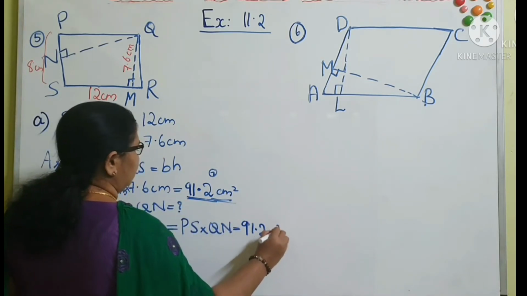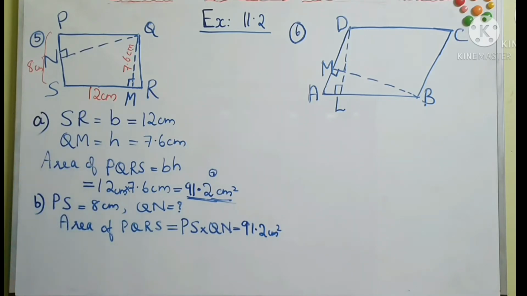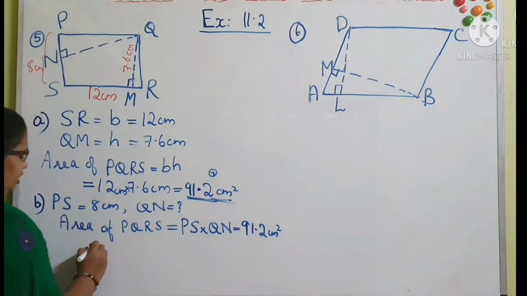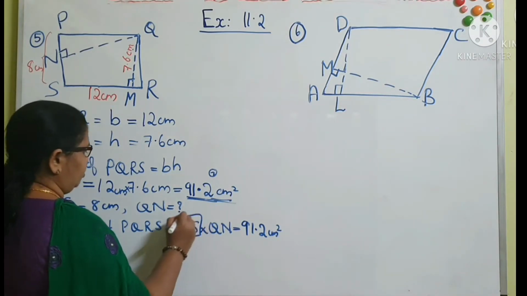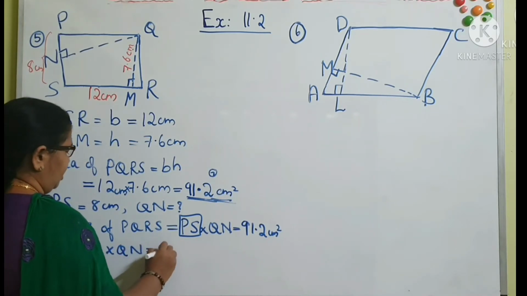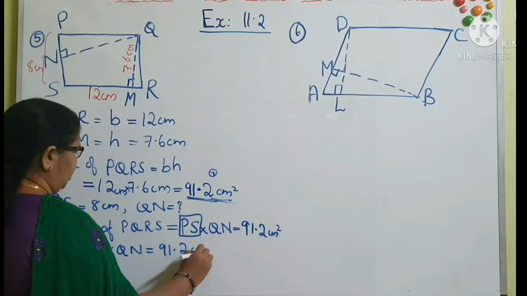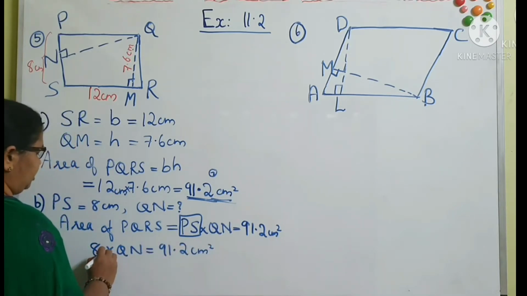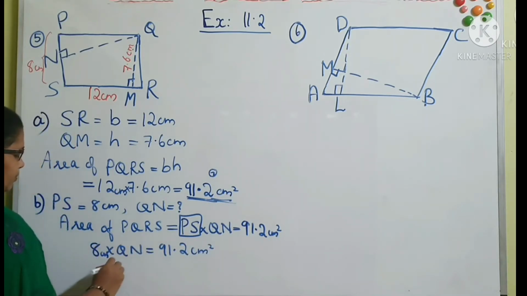So BH is equal to PS into QN is equal to 91.2 centimeter square. Then 8 into QN is equal to 91.2 centimeter square.